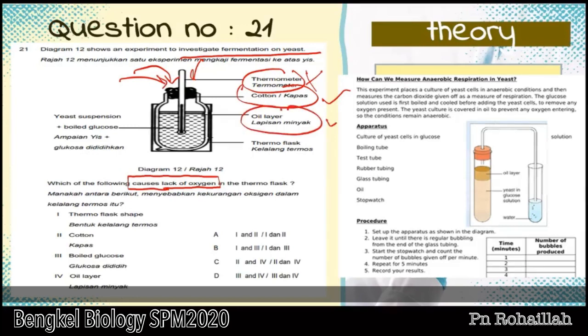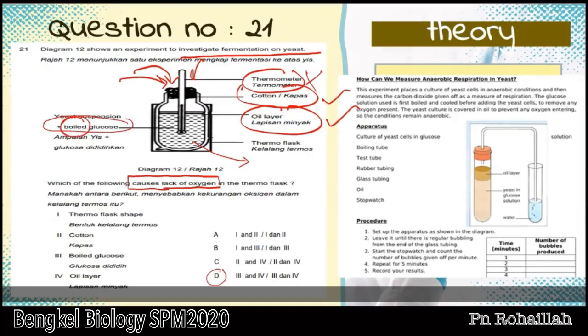Yes. Okay, oil layer dia akan cover all the surface, the top surface of the water. So this will prevent the oxygen from entering to the water. Okay, so the answer is D. This one. Okay, satu lagi terlupa. Water. The water used is the boiled glucose.